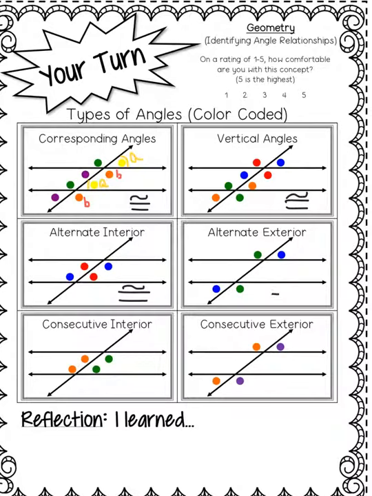Alternating exterior are congruent to each other. When we get to consecutive interior and consecutive exterior, their sum is equal to 180. Sum is 180.